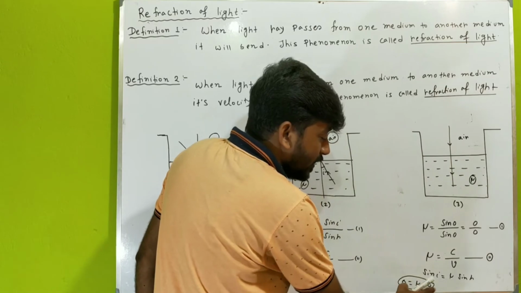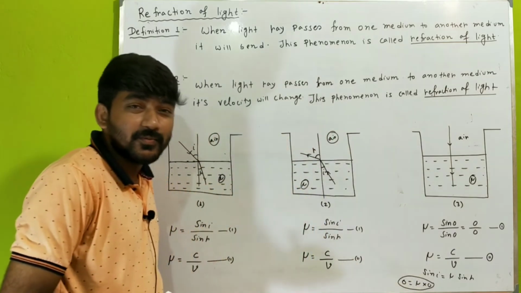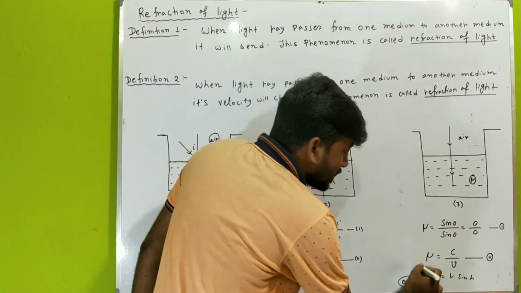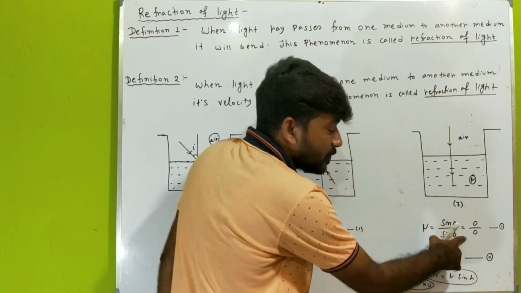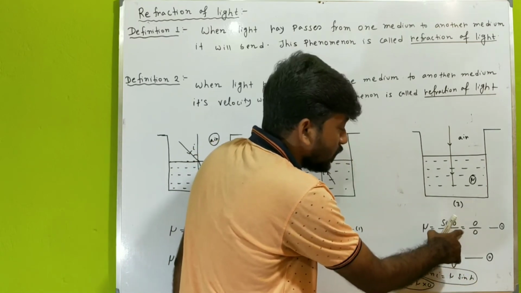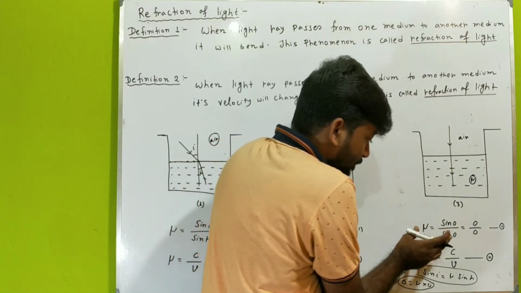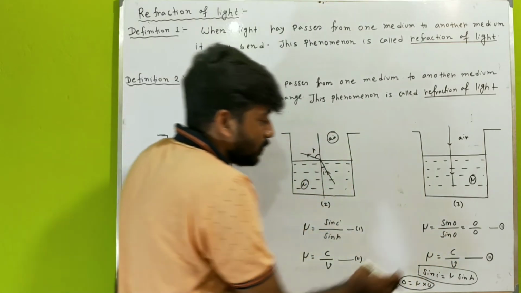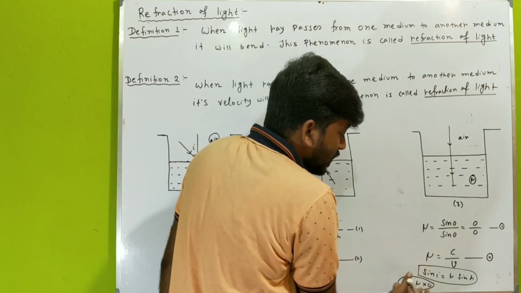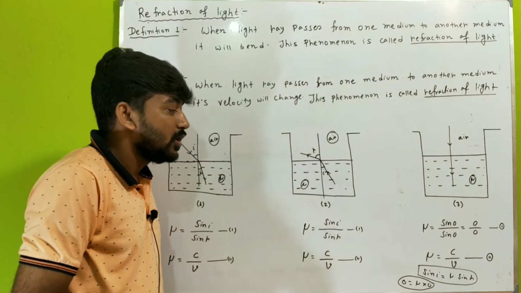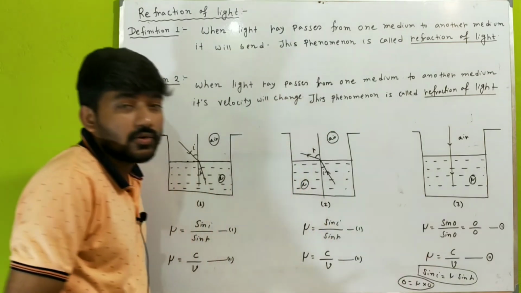Some quantity into 0 will always be equal to 0. So you can write Snell's law in this pattern instead of this. If you want to avoid the mathematical confusion or the mathematical absurd result, you can write it like this: 0 is equal to mu into 0. So there is no problem with Snell's law.